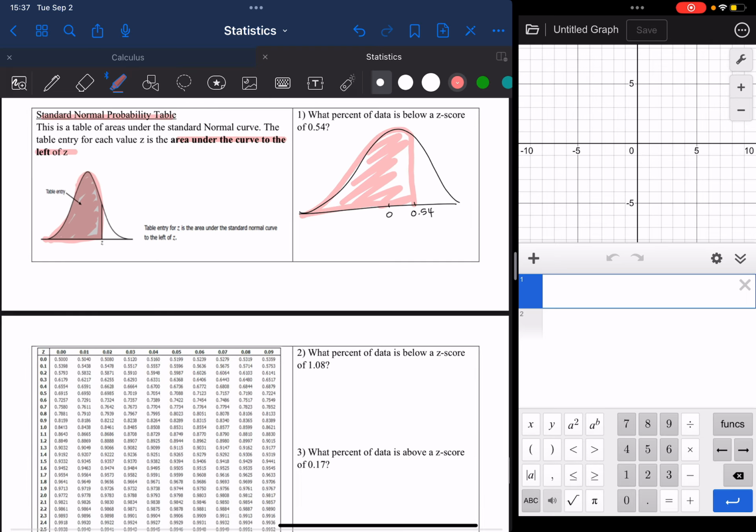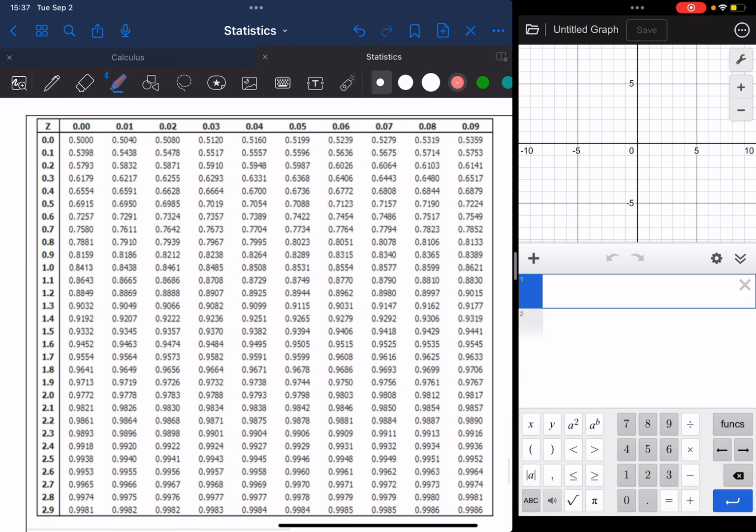So I'm going to go down to my table, and I'm first going to look at the left side, and I'm going to find 0.5. Then I'm going to go to the top, and I'm going to find 0.04. So together, that makes 0.54. Where they overlap or where they connect would be the answer.